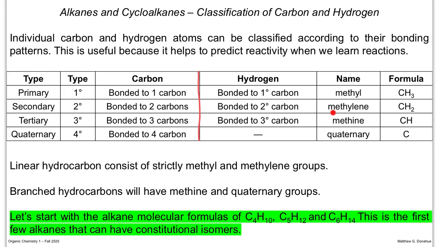For hydrogens, we describe that as methylene, or CH2. Tertiary, 3 carbons, that ends up being a CH or methine group. A carbon with 4 non-hydrogen things bonded to it is called quaternary. And notice you can't have a quaternary hydrogen. So that's just C. There's no H's attached to it.